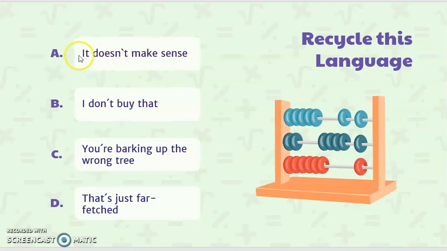For example: it doesn't make sense. I don't buy that. You are barking up the wrong tree. That's just front page. Repeat. It doesn't make sense. I don't buy that. You are barking up the wrong tree. That's just front page. You got it?